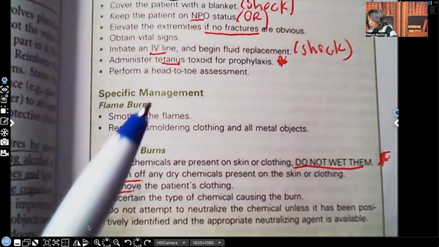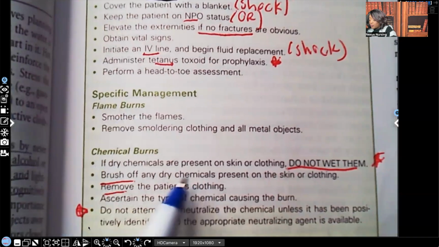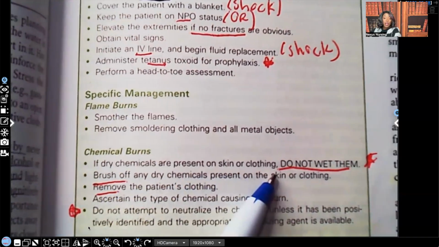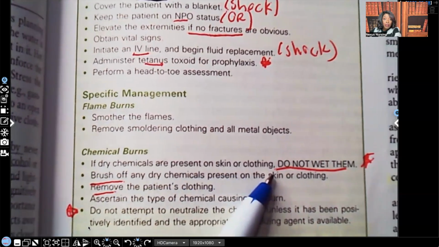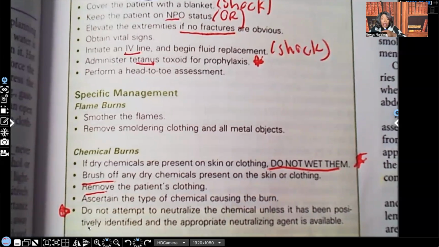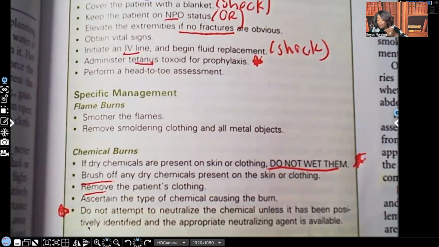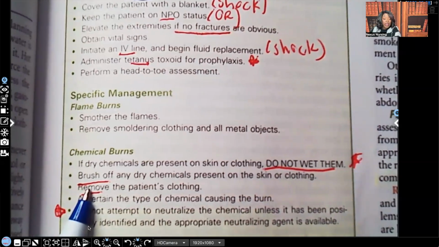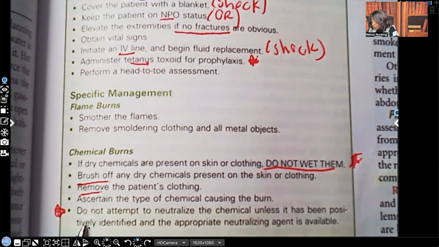So chemical burns. If dry chemicals are present on the skin or clothing, look at this, don't wet them. If the chemical's dry, you're going to dust it off. Do not wet them. You're going to brush off any dry chemicals present on the skin or clothing. Remove that patient's clothing.